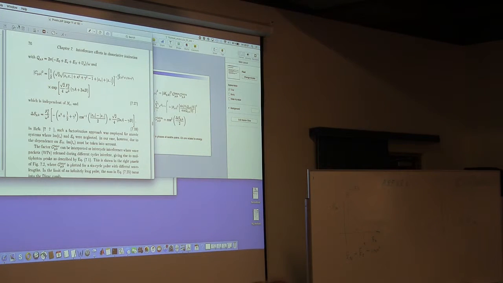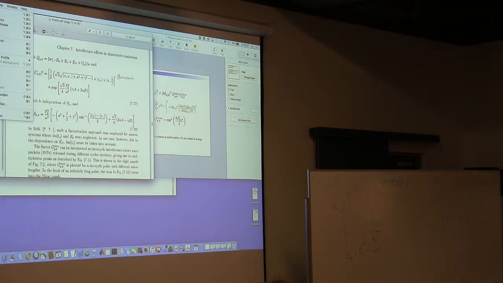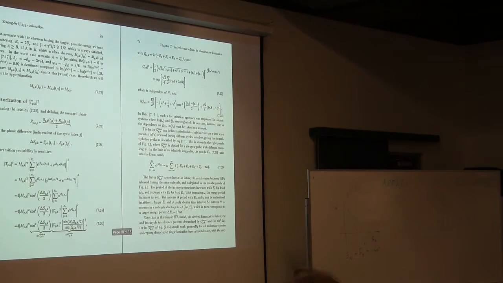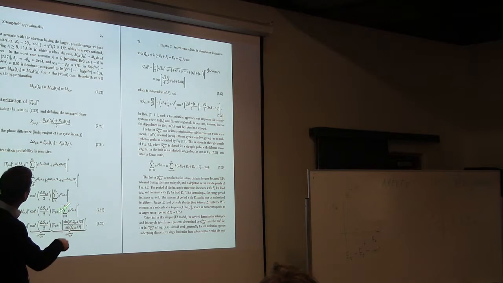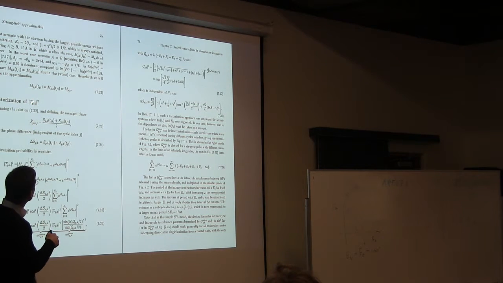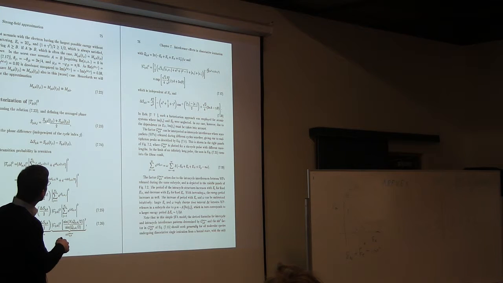So here. This is now from Lum's thesis. I don't want to go through all these equations, but please focus over here. We're considering some matrix element, and we have these phases here from the intracycle contributions. To do the calculation which is necessary to make the interpretation, we need to define the average phase and the phase difference.